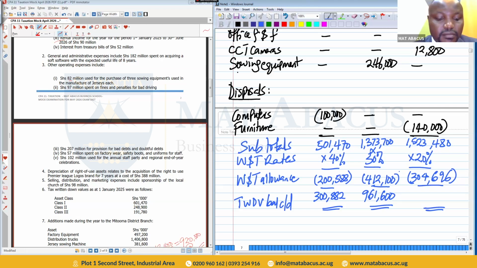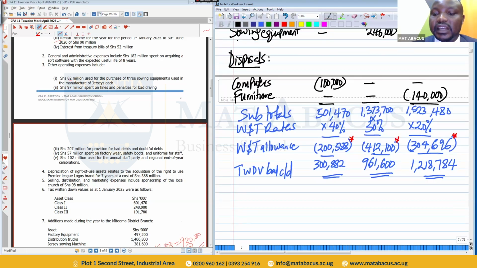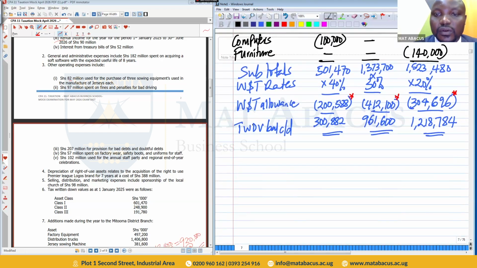Next is 1,523,480 minus 304,696, which will give me 1,218,784. But my major focus is on the wear and tear figures, because this is what will give me the wear and tear that I am looking out for.